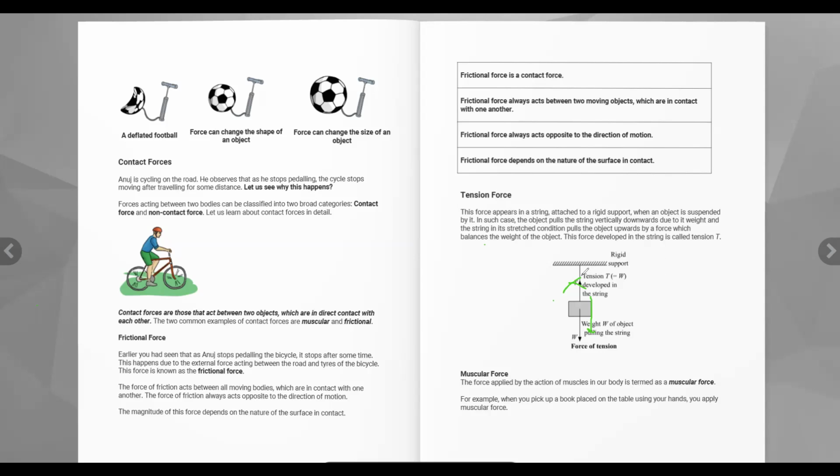That is the cause of tensile force. So the more the weight of the body, the more the tension force for that system. Am I clear?